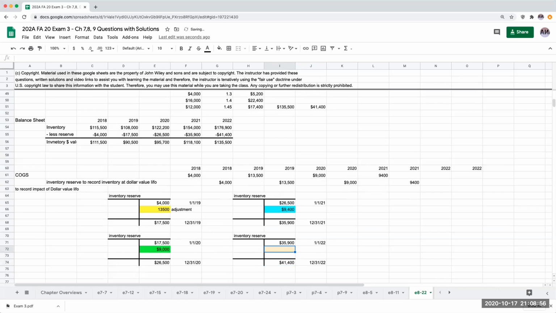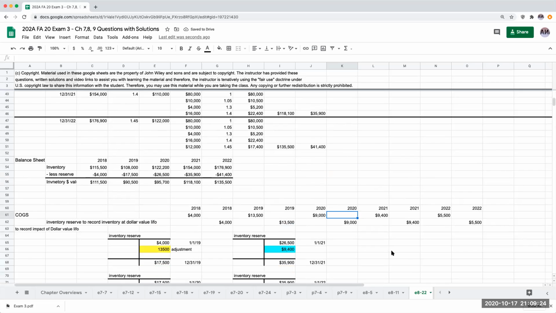So my adjustment to get to inventory at dollar value LIFO is going to be 5,500. So here I would be doing a debit of 5,500, credit of 5,500. Again, I'm debiting cost of goods sold, and I'm crediting my inventory to record my reserve to reflect inventory at dollar value LIFO. So that is exercise 8-22.